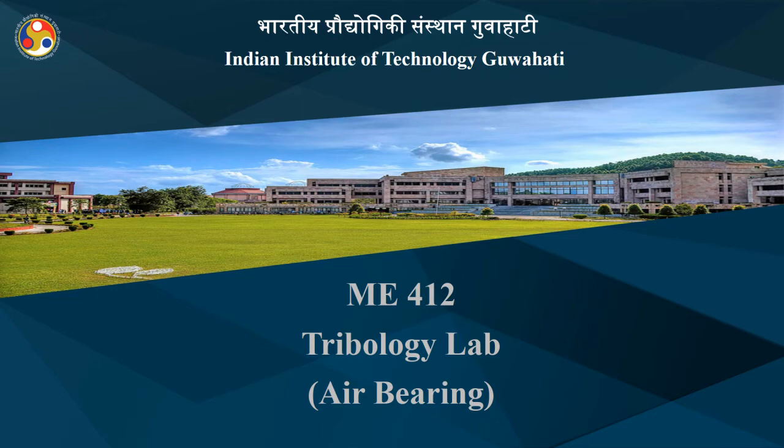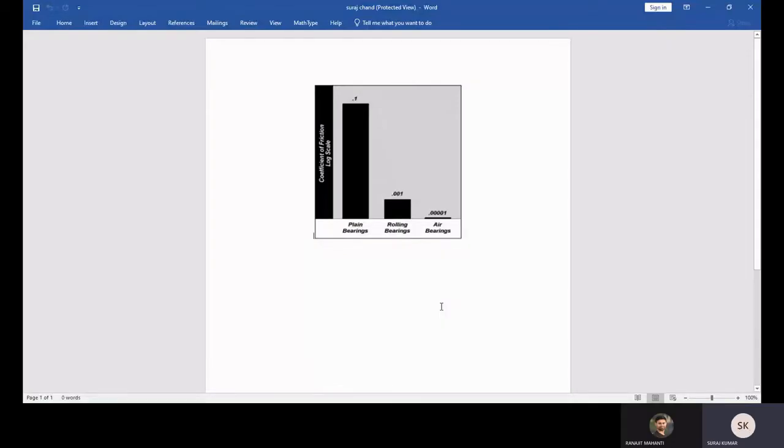Now I would like to explain why air bearing is preferred over plain bearing and roller bearing. As we can see from the graph, on the y-axis there is the coefficient of friction on a log scale. On the x-axis there are plain bearing, roller bearing, and air bearing. For the plain bearing, the coefficient of friction is 0.1.